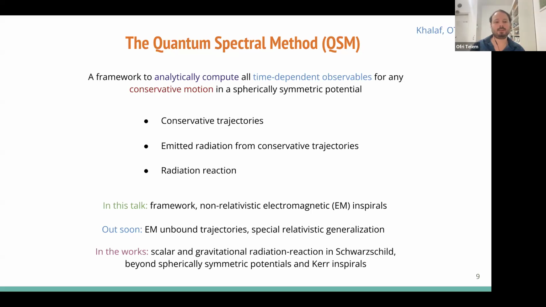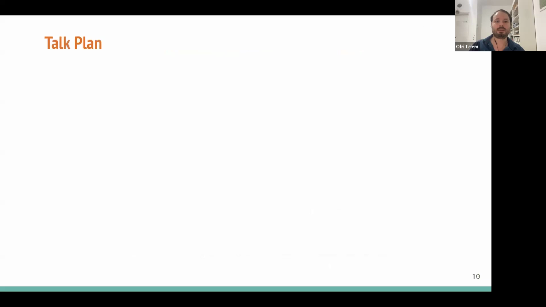And in the works is, of course, generalizing this to gravitational and scalar radiation reaction in Schwarzschild, and eventually to Kerr, because even though everything I'm going to say today applies to spherically symmetric potentials, it's just to simplify the presentation. There's nothing in the quantum to classical extrapolation which needs spherical symmetry. It's just for the sake of the talk. We want to start with something simpler and then look at more complicated frameworks.